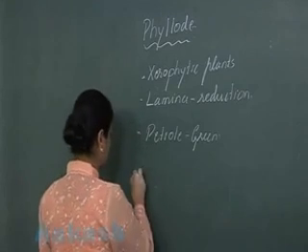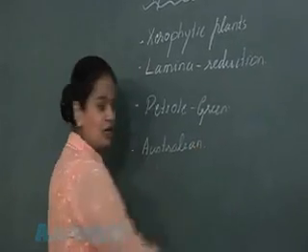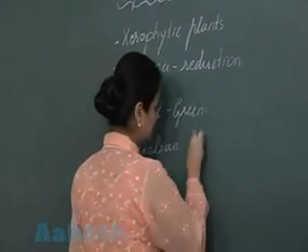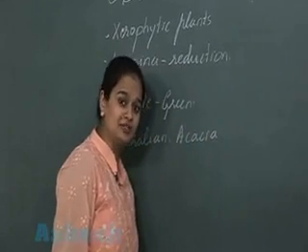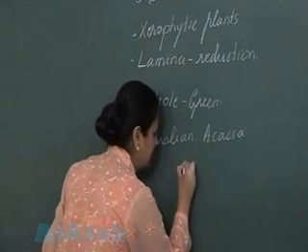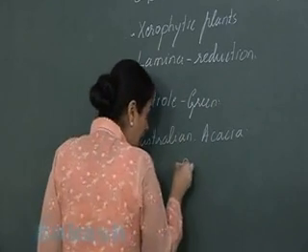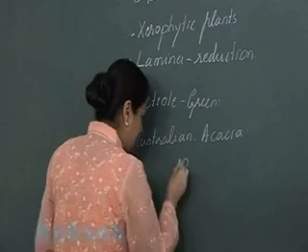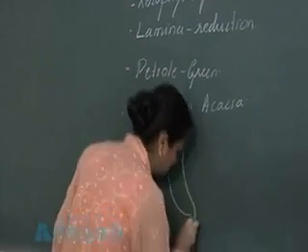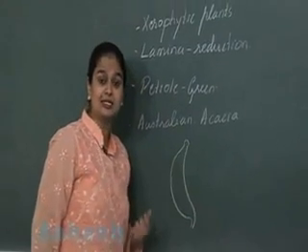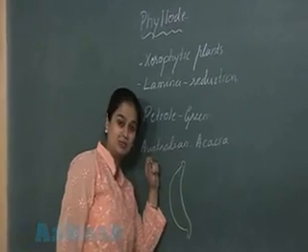Now this condition is present in the xerophytic plant Australian acacia. What happens in acacia? The lamina is reduced and the petiole expands. It is expanded and sickle shaped, and you can see the orientation of the petiole is vertical.